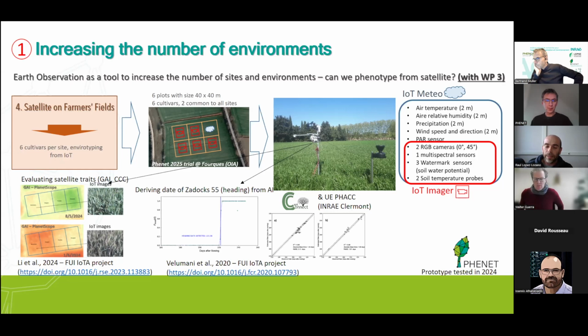For instance, heading: there is an algorithm that works on daily data, from a previous paper done in the group, that can detect heads automatically and determine the heading dates with an error of 2 days. So these IoTs will acquire daily images and will permit us to get valuable information of the environment and the phenology of the crop.